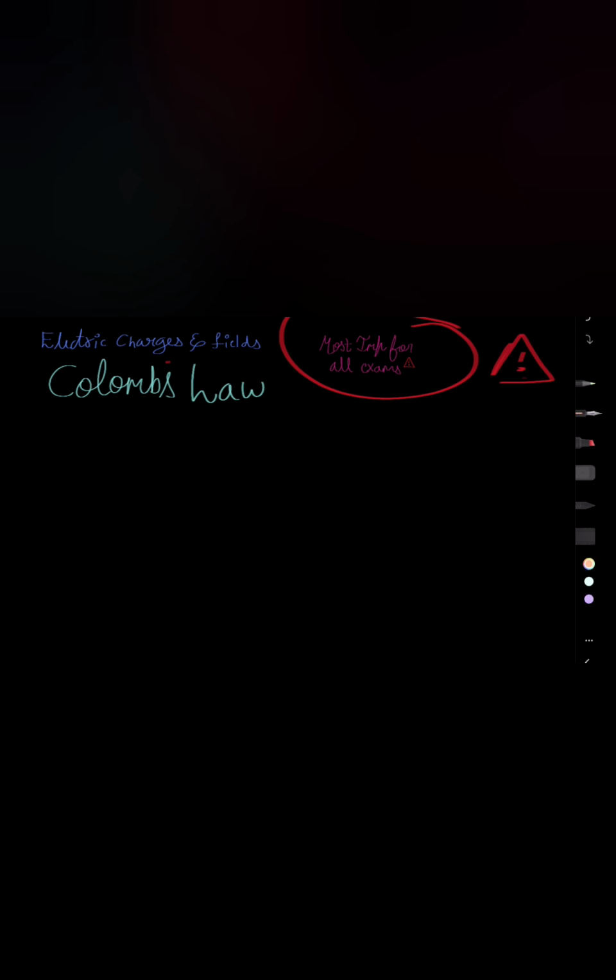Now we know that F is equal to 1 by 4 pi epsilon naught q1 q2 by r square.